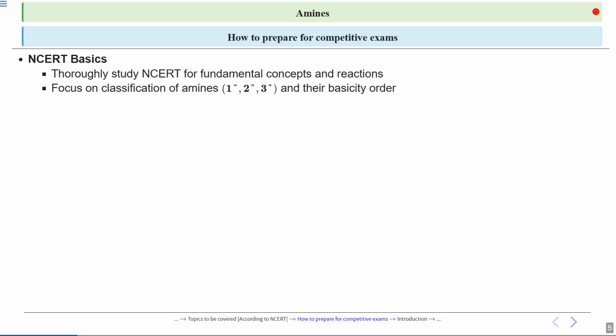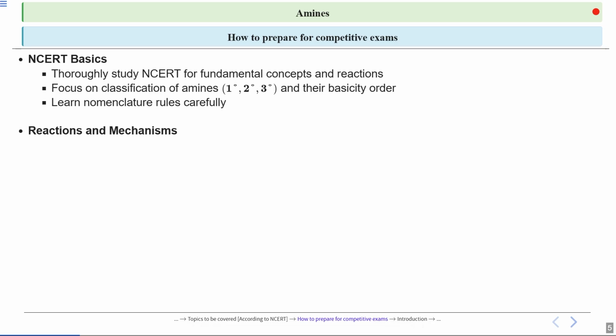Next, you have to focus on the classification of amines, that is primary, secondary and tertiary, and also their basicity order. Next, which is crucial, is to learn the rules for naming amines. So nomenclature, you have to learn nomenclature rules carefully.